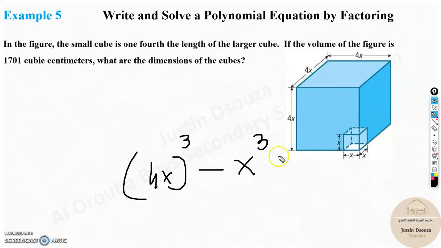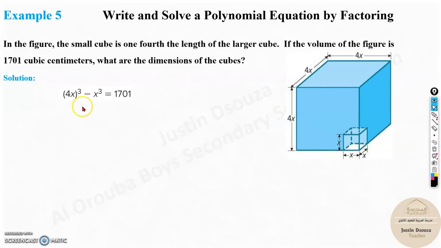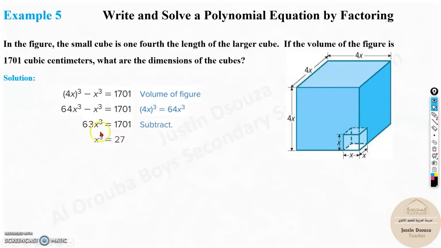That must be equal to 1701, because that is the volume of the figure. So the total volume, 4x the whole cube minus x cube, will give you the answer. We have done a similar one before. You can use the identities and solve, or you can directly simplify and solve. It's up to you. It's basic algebra.